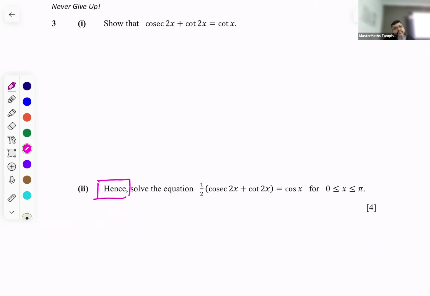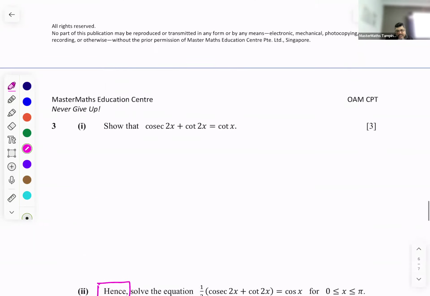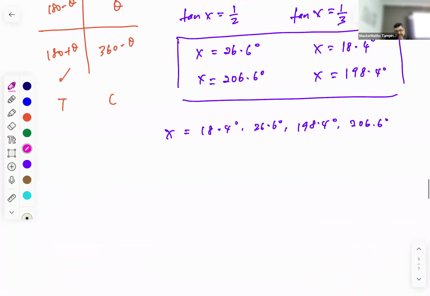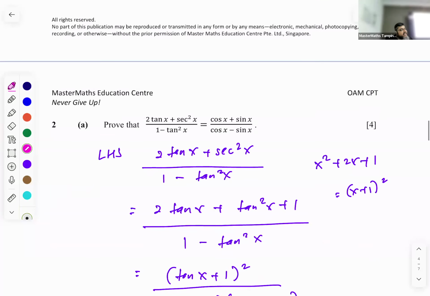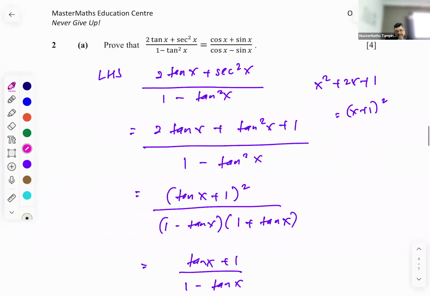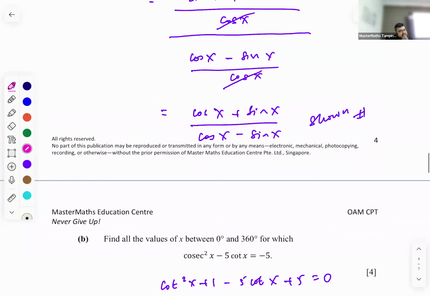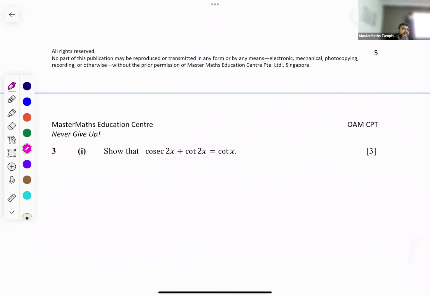Come, all of you must look to the note. You have the formula sheet in front. Most of it is given, right? Cosecant 2x, of course, is not given. Cosecant is 1 over sine 2x, and sine 2x is given.